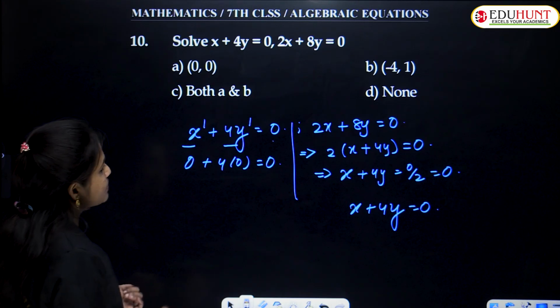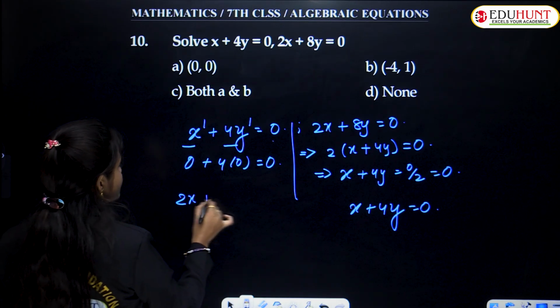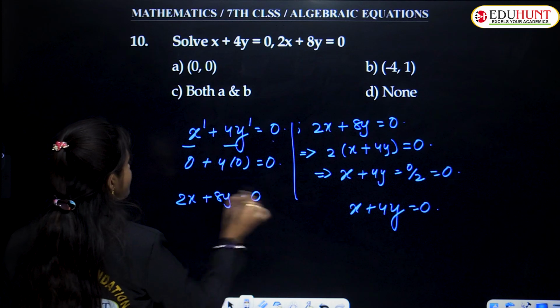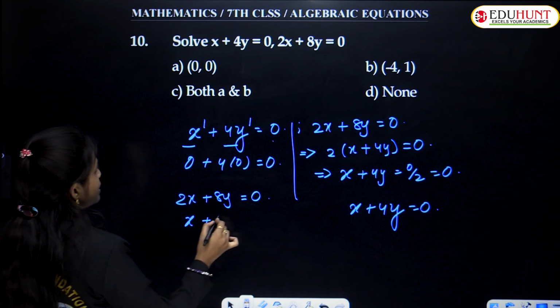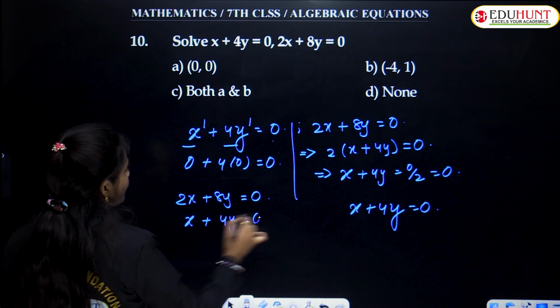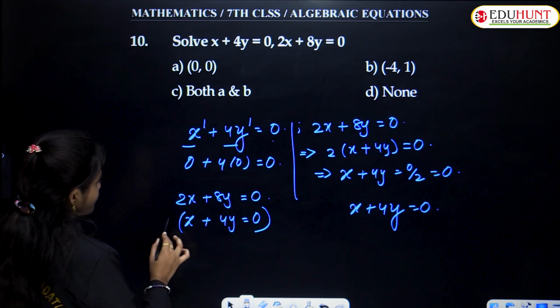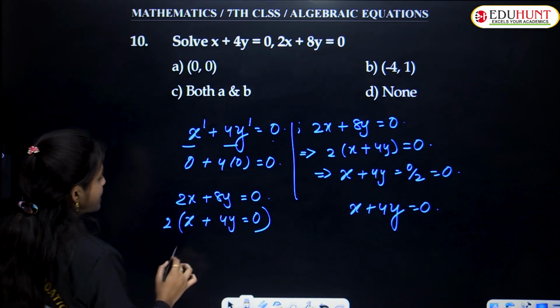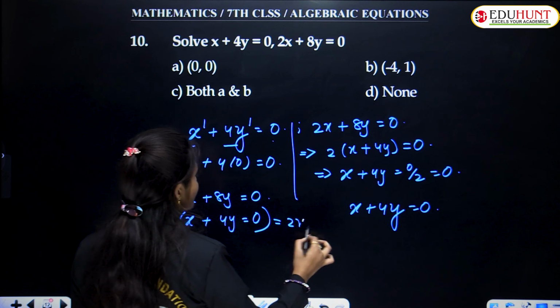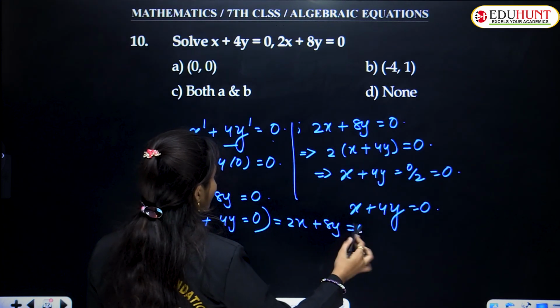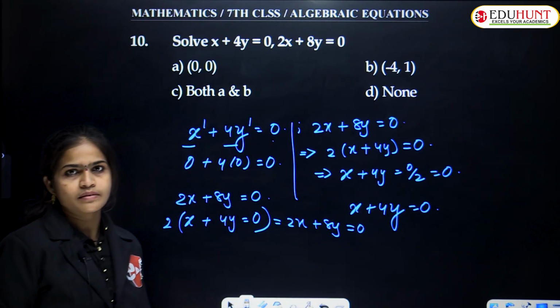Just to simplify this, here 2x plus 8y is equal to 0, and the next equation x plus 4y is equal to 0. In this case also, if you multiply with 2, again you will get the same equation 2x plus 8y is equal to 0. At that time those two get cancelled.